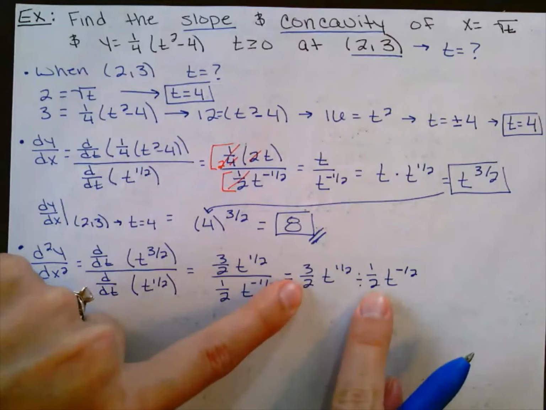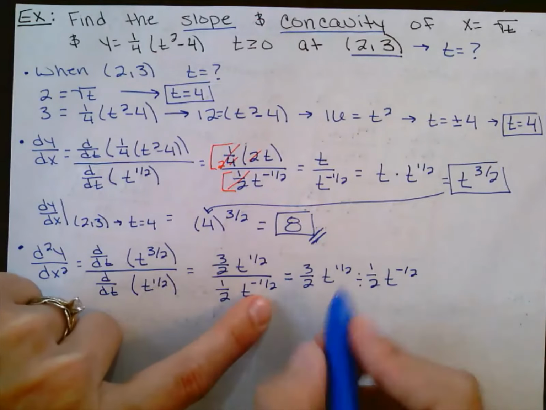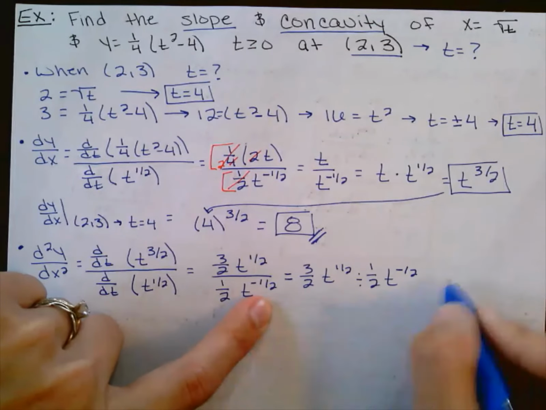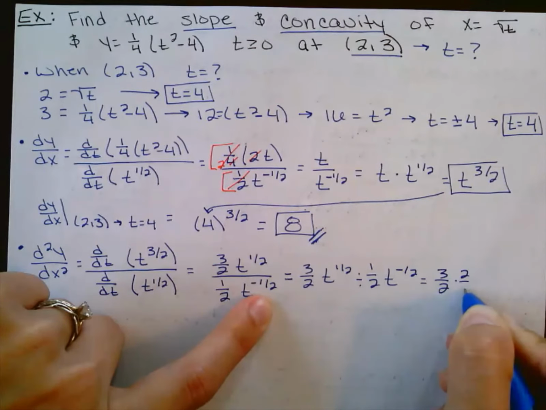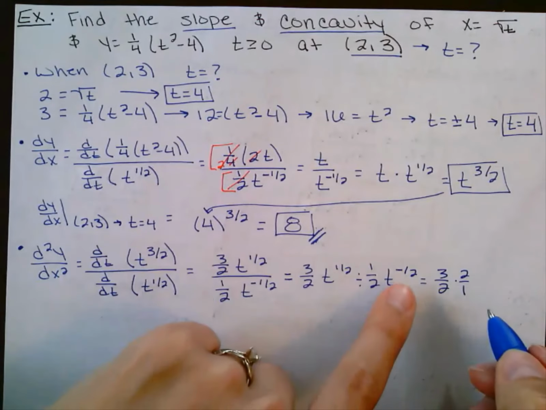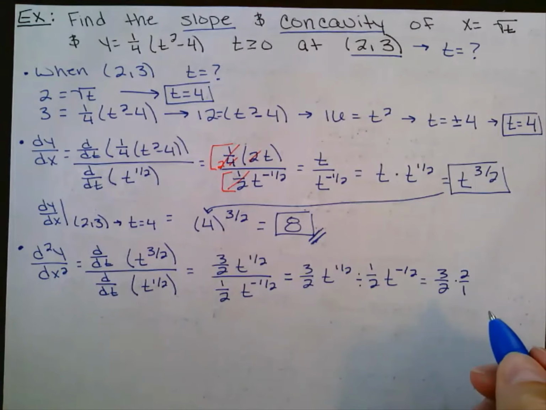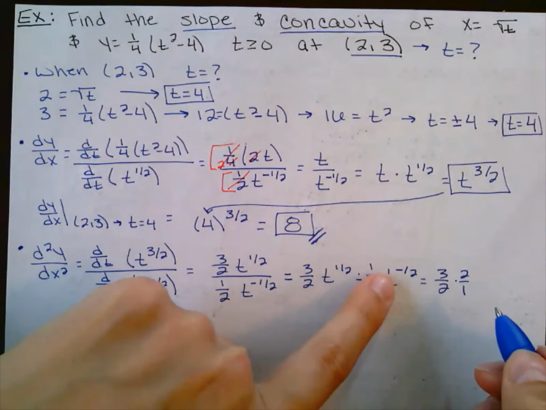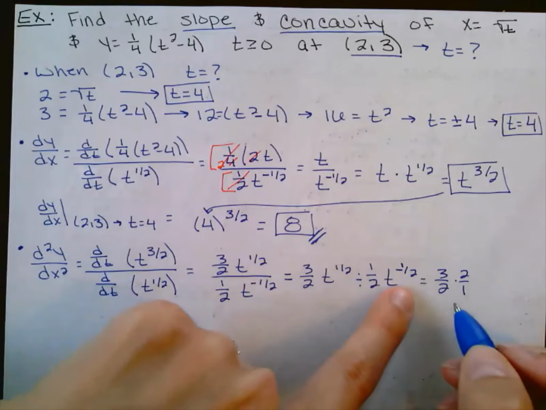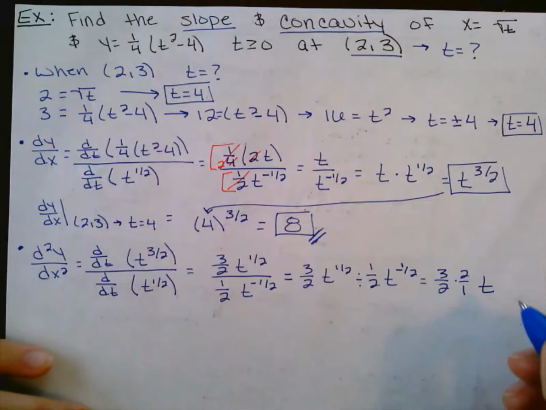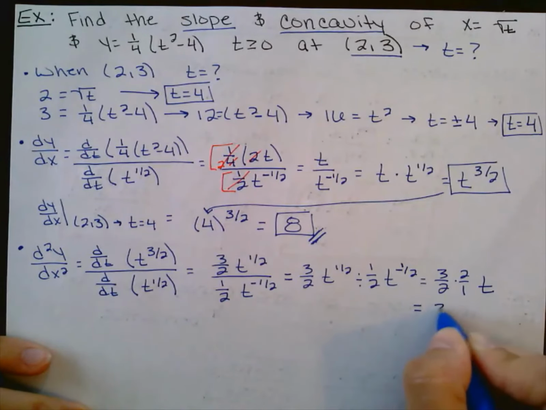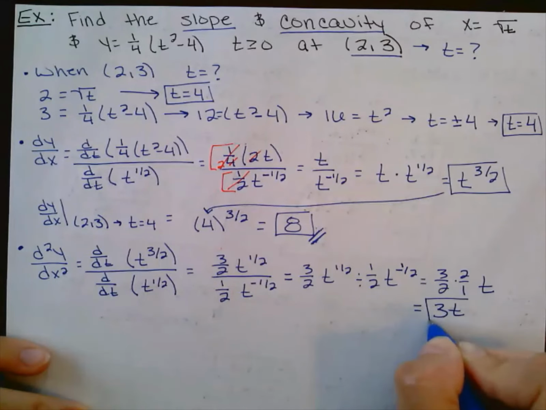So these numbers do a keep change flip, which end up being 3 over 2 times 2 over 1. And then if I'm dividing, I subtract. Okay? So it's like saying half minus a half. Two negatives make a positive, and it becomes a t to the first power. So this can be written as 3t.